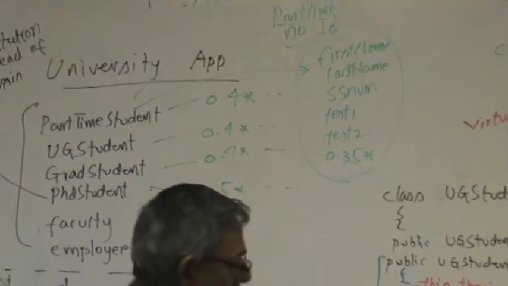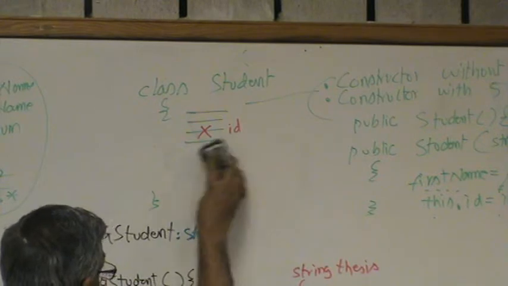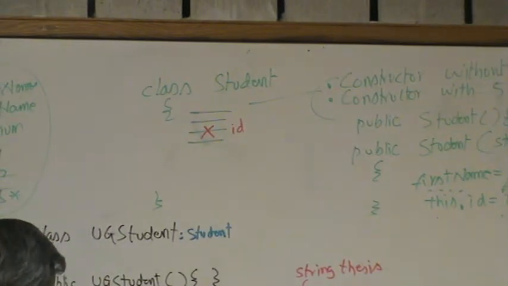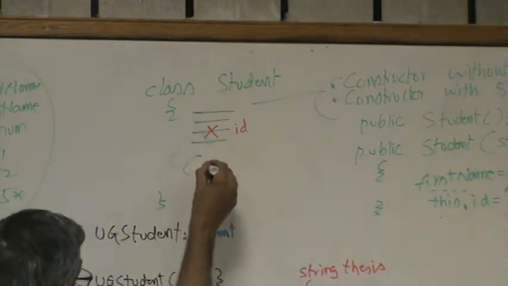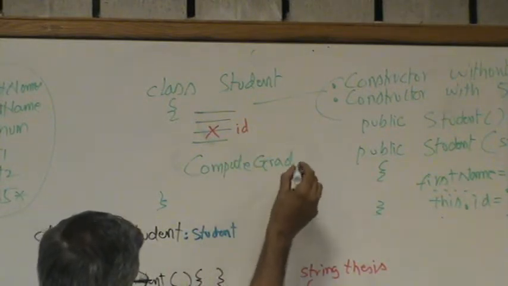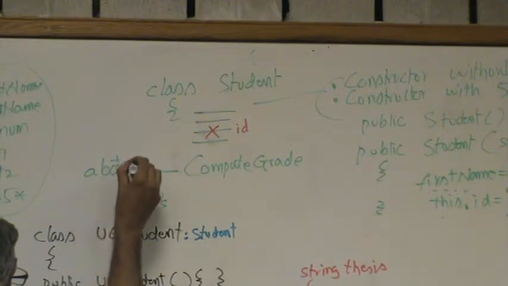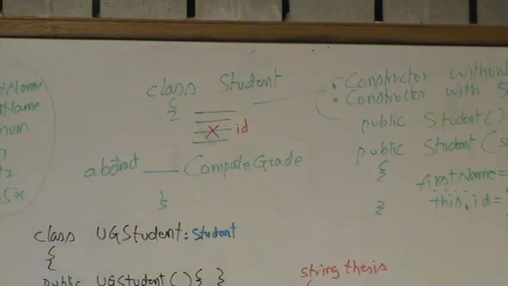We could override it, or let's mark it with abstract. So let's mark the compute grade over here as abstract. So there is no code here.